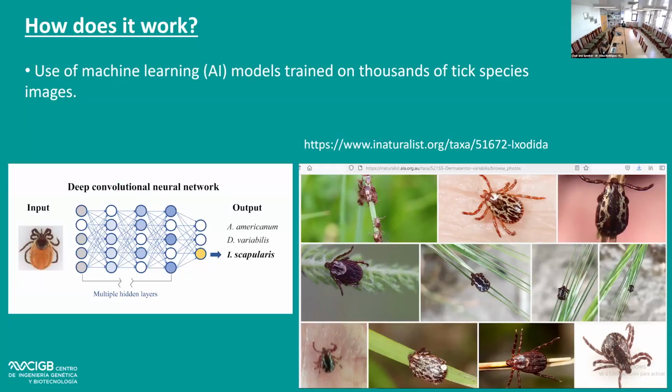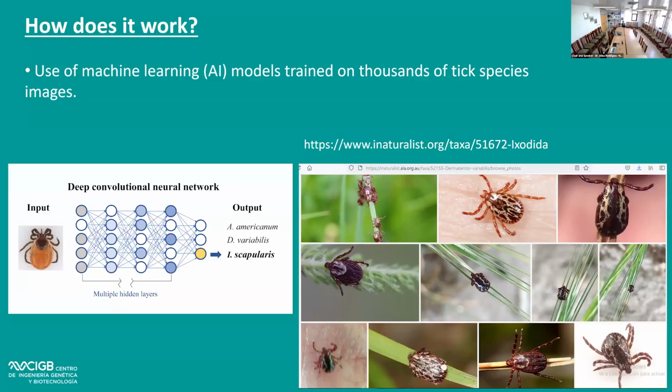We are training a computer vision model with thousands of images of tick species obtained from international taxonomy databases such as eNaturalist, which will be able to classify species such as Rhipicephalus with high accuracy. So this is the model.